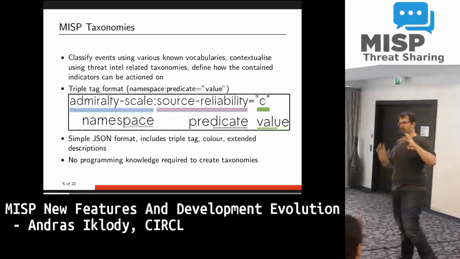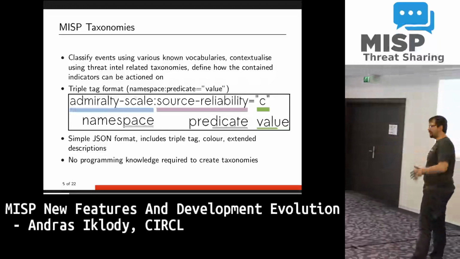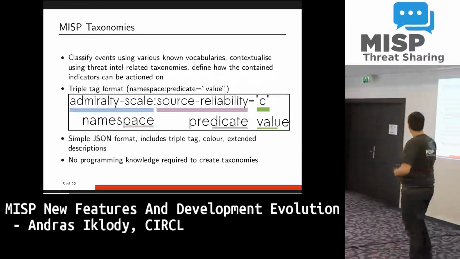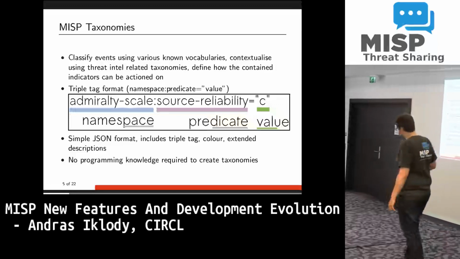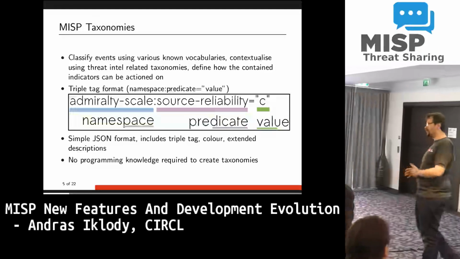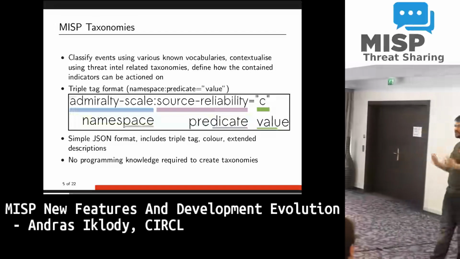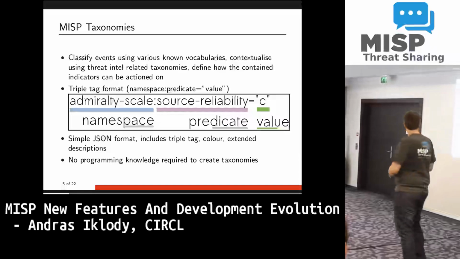This can range from classifying data to telling the user base what to do with that data, and we wanted to have something more standardized for this. So the idea was to come up with a shared vocabulary that others can reuse, so we don't end up with the same thing being described in 10 different ways across 10 different communities.